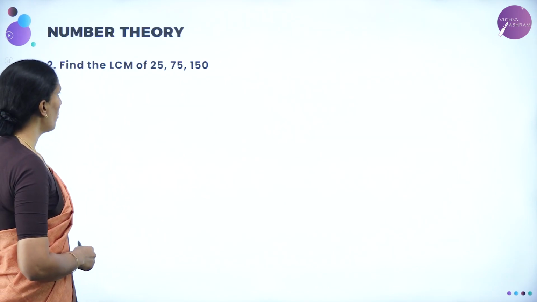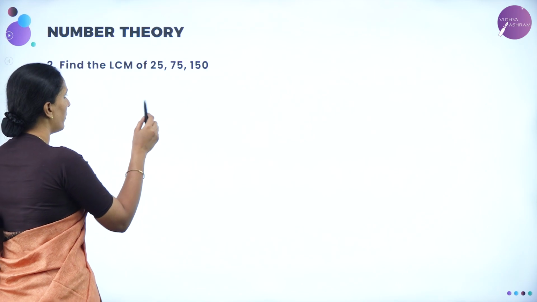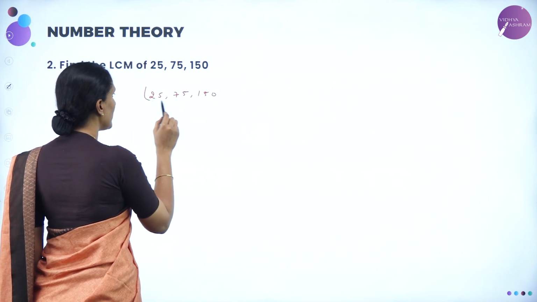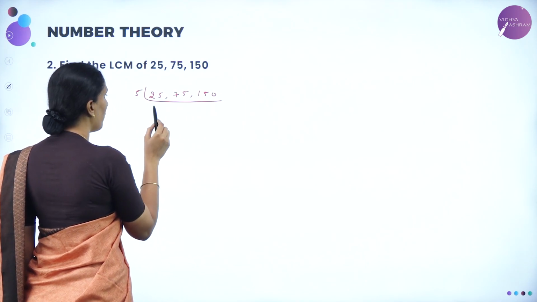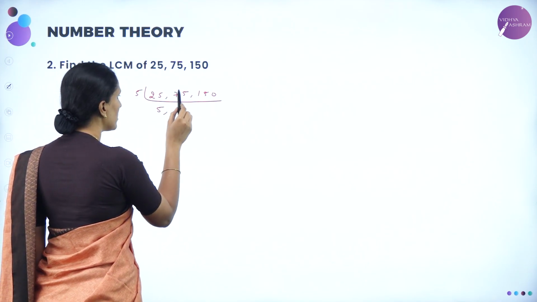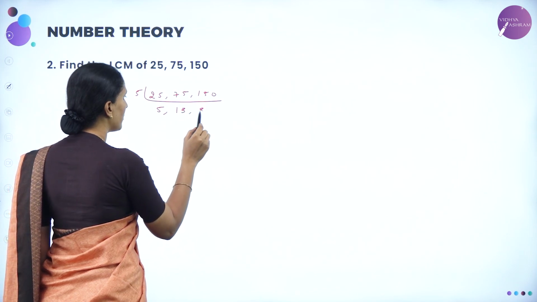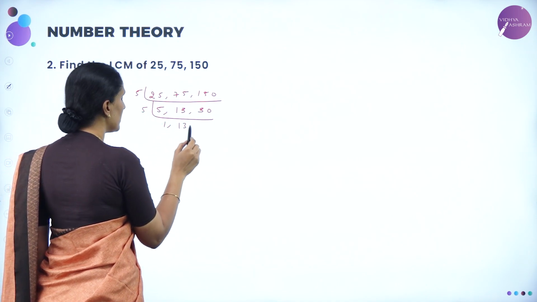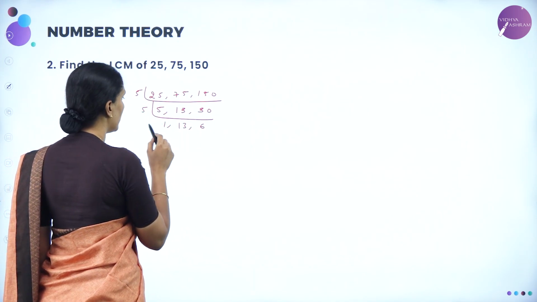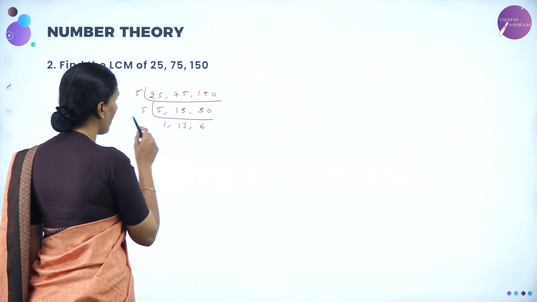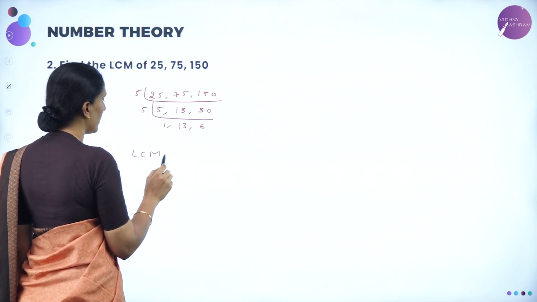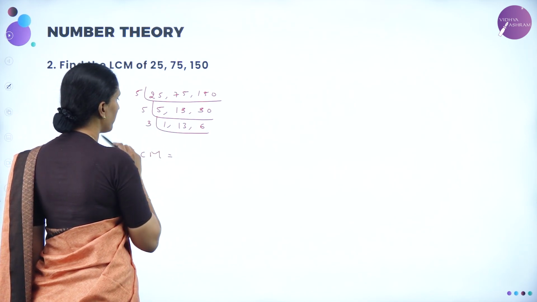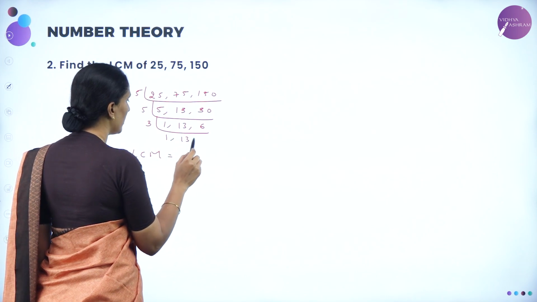Next, find the LCM of 25, 75, 150. Let us divide by the prime number 5. 5 5s are 25, 5 15s are 75, 5 30s are 150. Next, divide by 5 again.